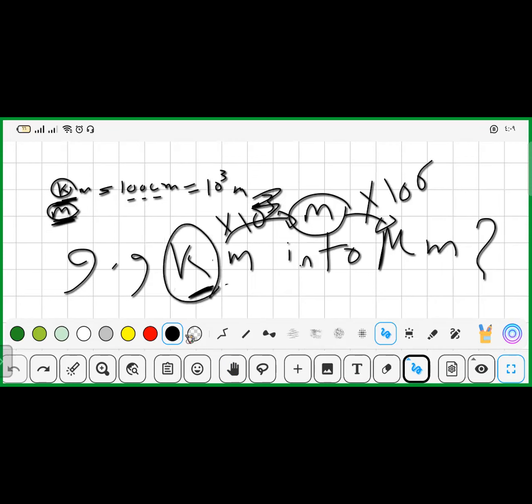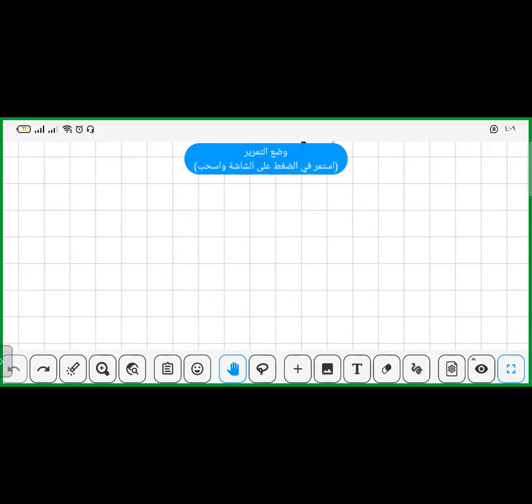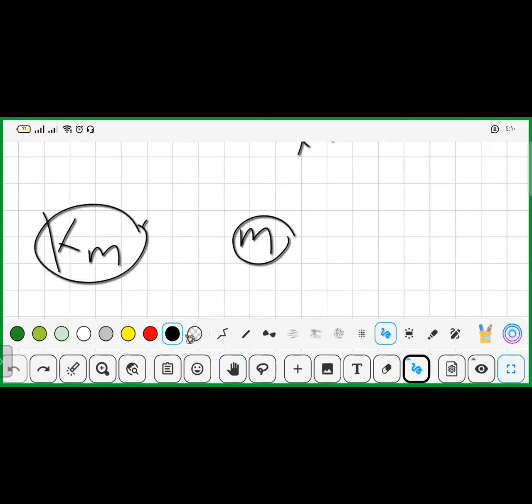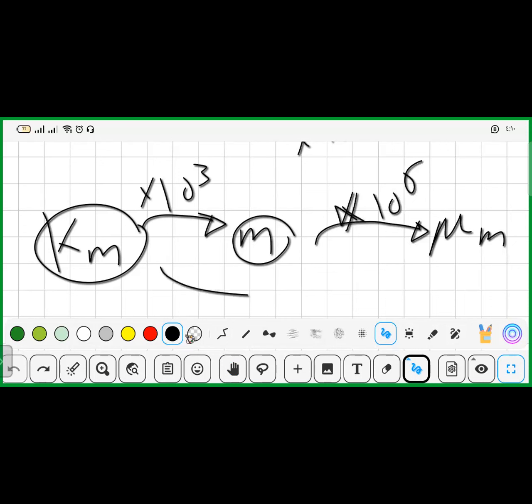So from kilometer to megameter, 10 power negative 3. For the other case, from kilometer to meter, times 10 power 3, from meter to micrometer, 10 power 6. So the total is 10 power 9.